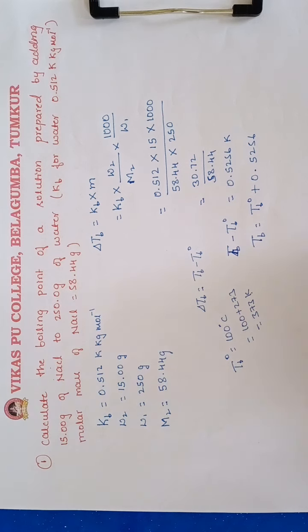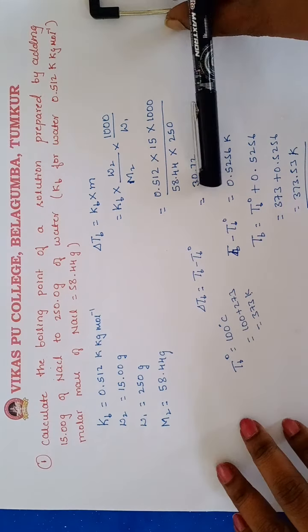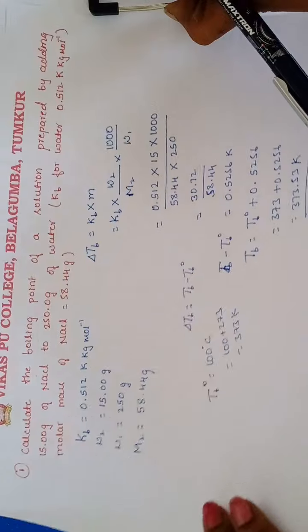So that is 373 plus 0.5256, we get 373.53 Kelvin. This is the boiling point of the solution. Like this only we will solve some other problems based on the elevation of boiling point.